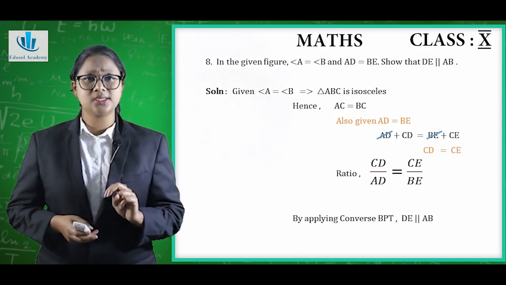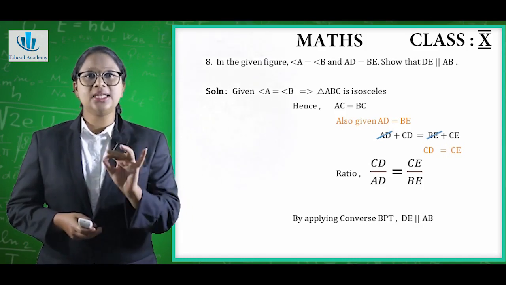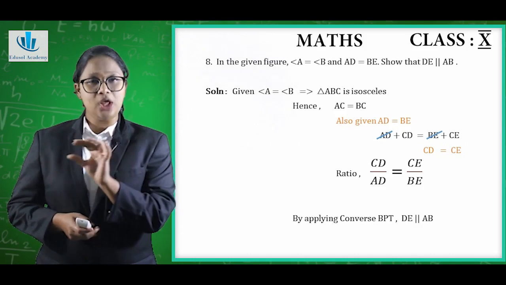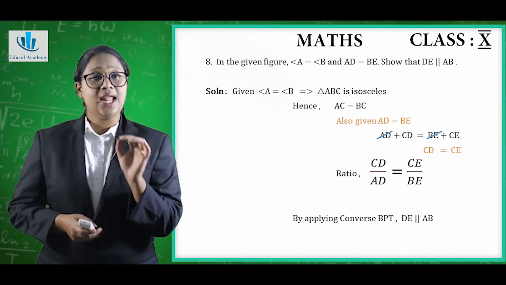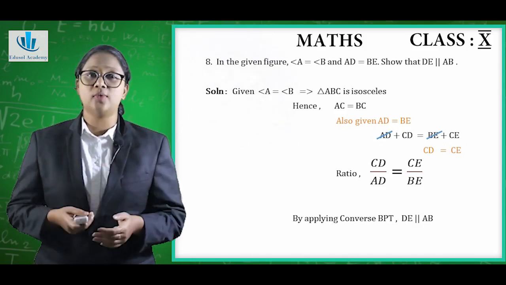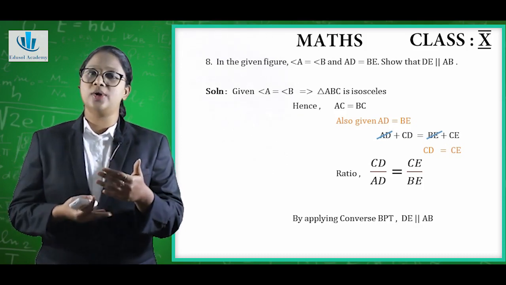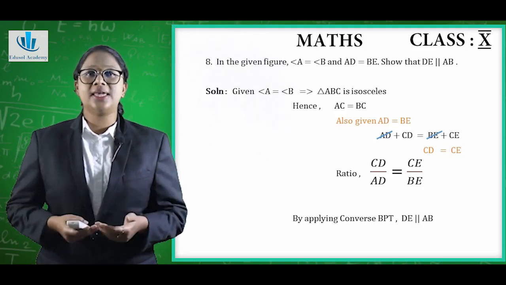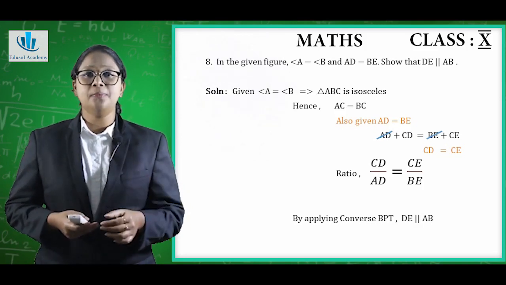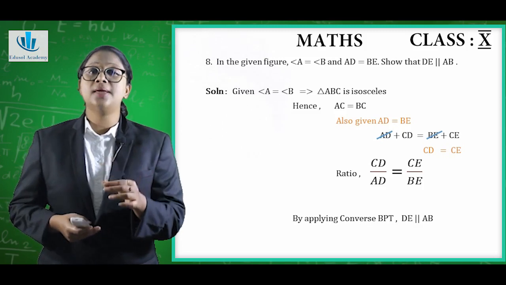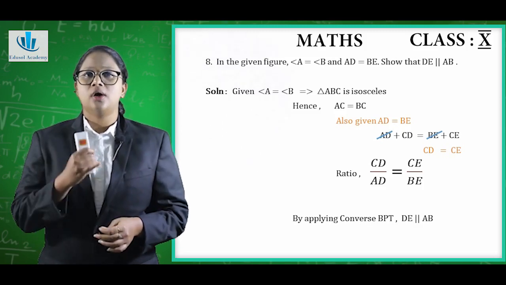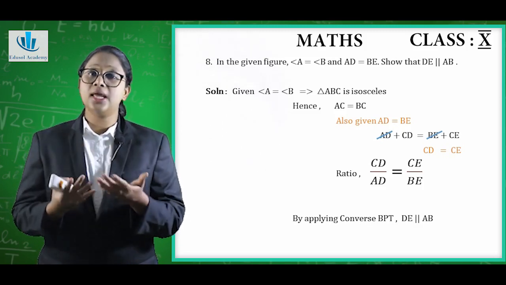Now we have to highlight two equations, CD equal to CE, which we got just now, and AD equal to BE, which was given in the question. We have to divide either equation 1 by equation 2 or vice versa. We will get CD by AD equal to CE by BE, and the ratio is already equal.